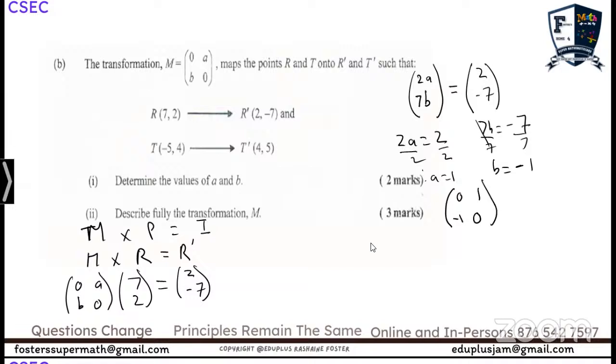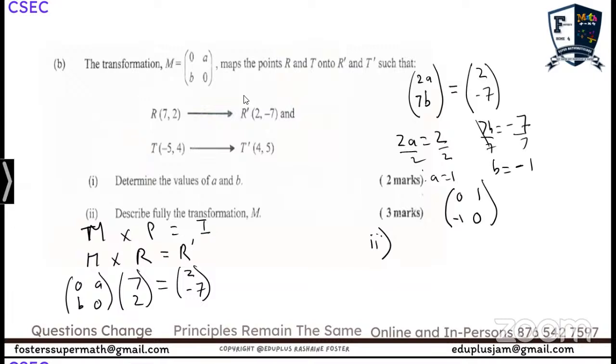Question 2 now says, describe fully the transformation M. How do you do a question like that? To describe fully the transformation M, the first thing you have to do is figure out what the transformation is. You have to know what it is, and then you can say whatever you need to say after that.